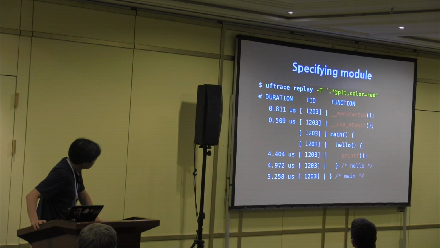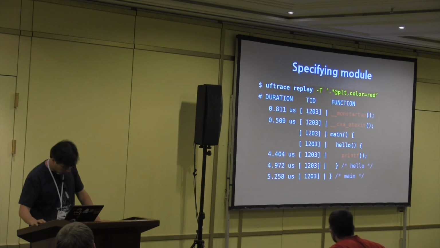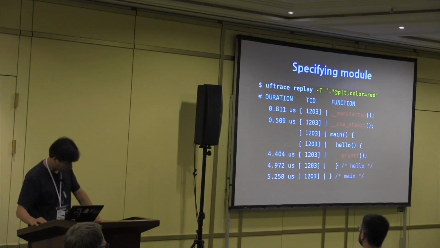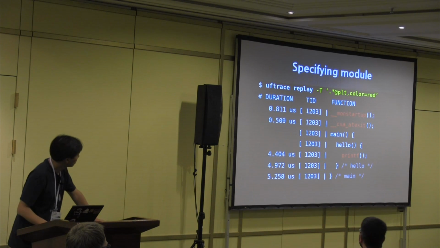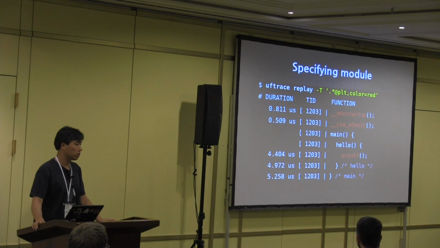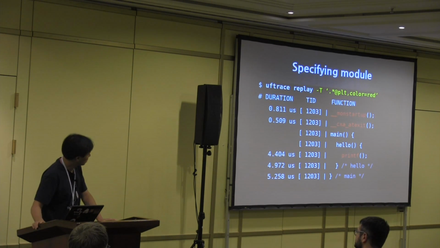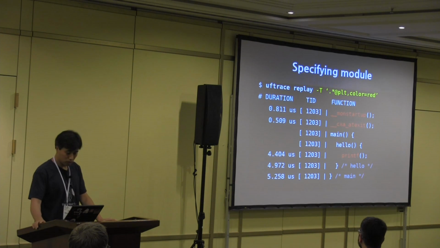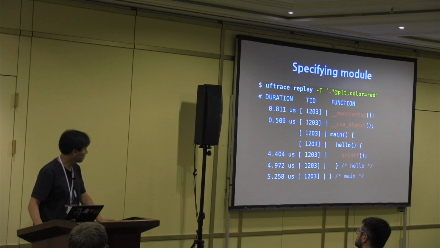So in this example, the T option selects the trigger, and the pattern matching will select all matches to all functions, but it will limit it to the library functions through the PLT.